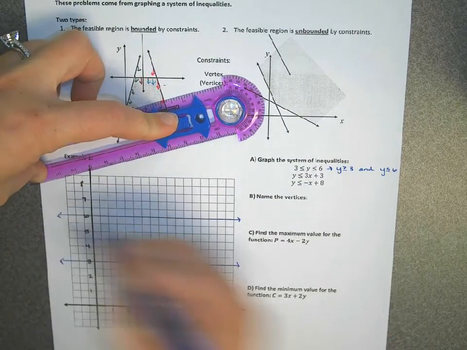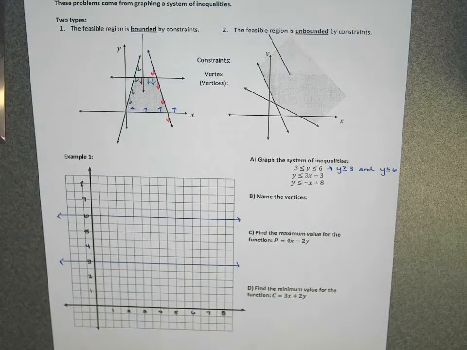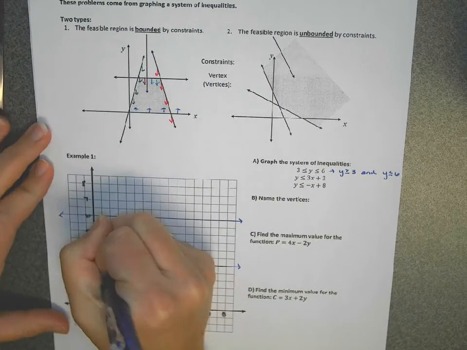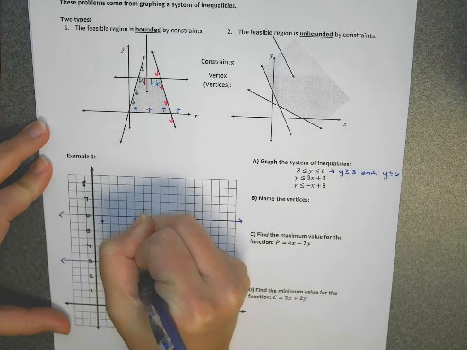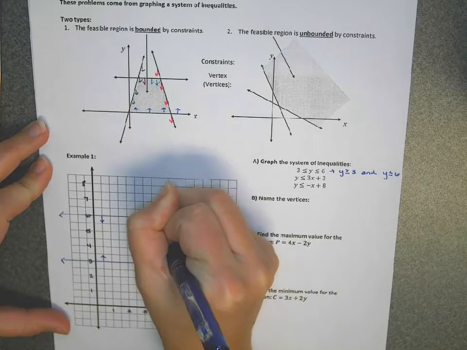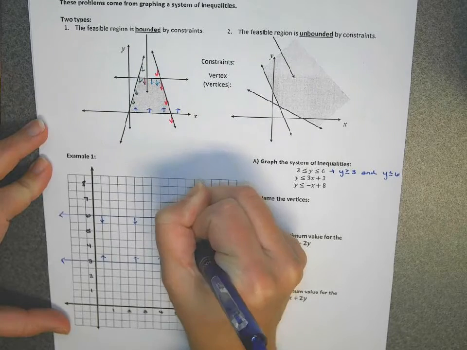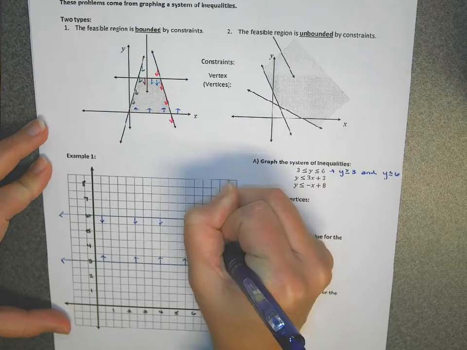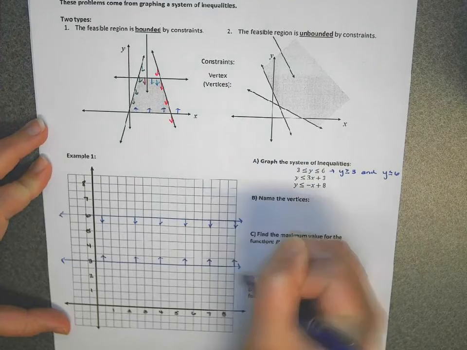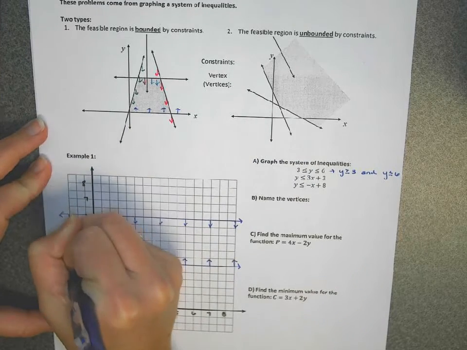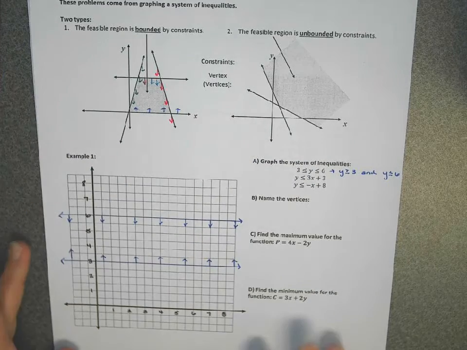Because that says y is between 3 and 6. So I know that if it's between 3 and 6, it's going up on the 3 and down on the 6. So I'm also going to draw these arrows in too, going towards each other, because I know y is between 3 and 6. Is that okay so far?